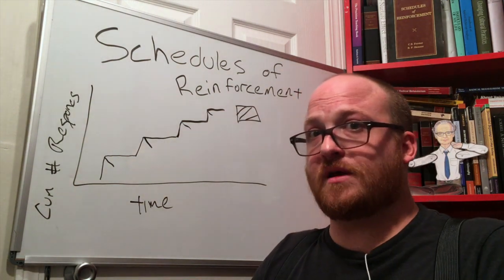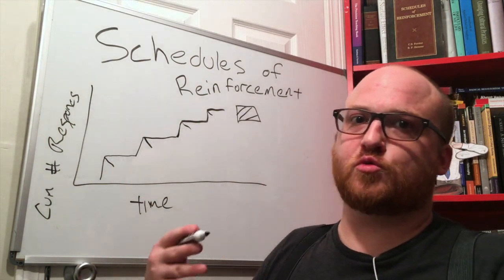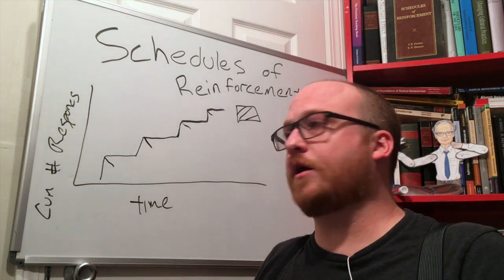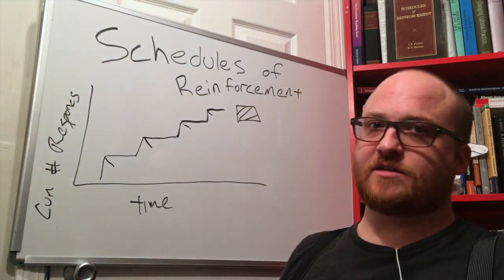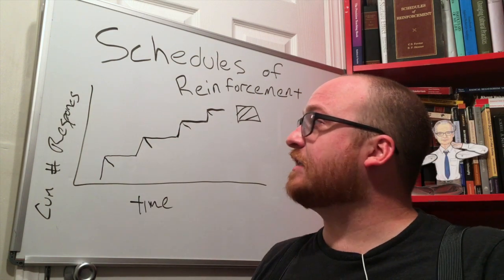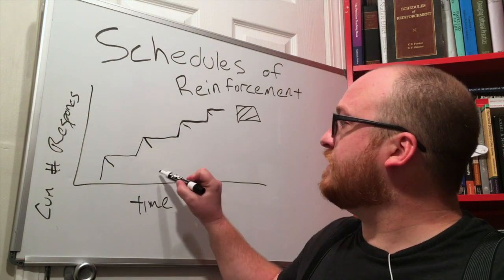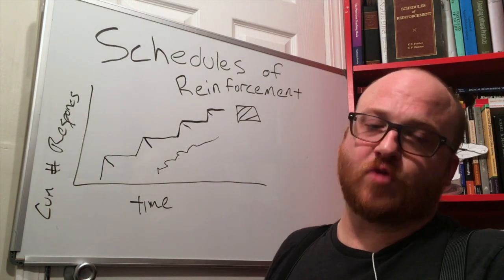Boom, reinforcement. Boom, post-reinforcement pause. And that schedule just continues to go and go and go. You'll see longer rises, longer runs, depending on your schedule of reinforcement. And again, don't forget, FR1 is continuous reinforcement. So you're going to see quick little steps and rises, steps and rises.